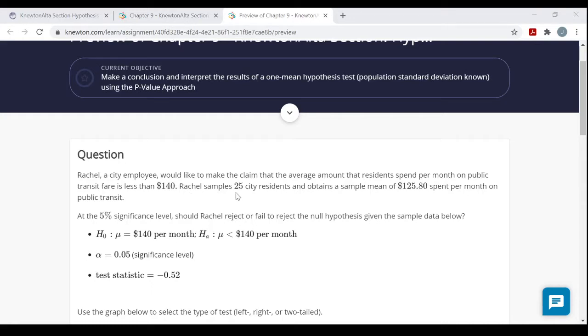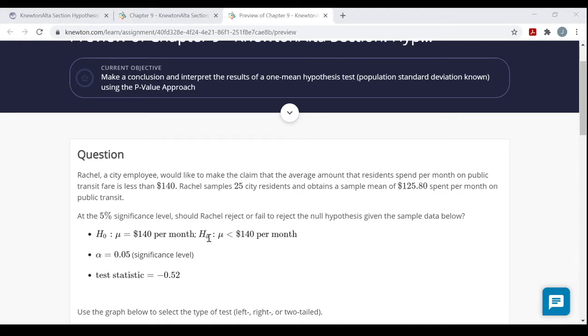Rachel samples 25 city residents and obtains a sample mean of $125.80 spent per month on public transit. At the 5% significance level, should Rachel reject or fail to reject the null hypothesis given the sample data below?